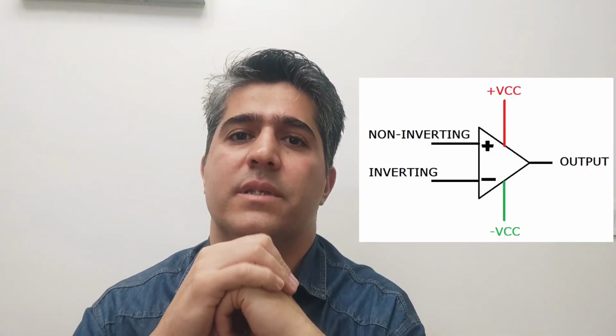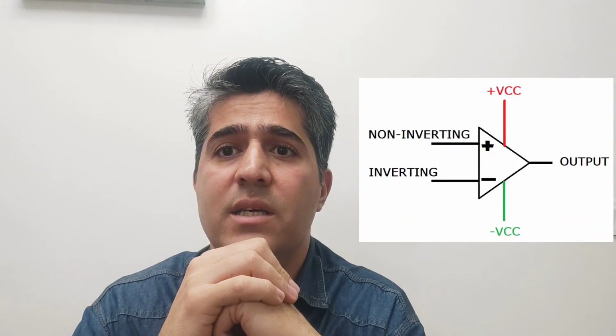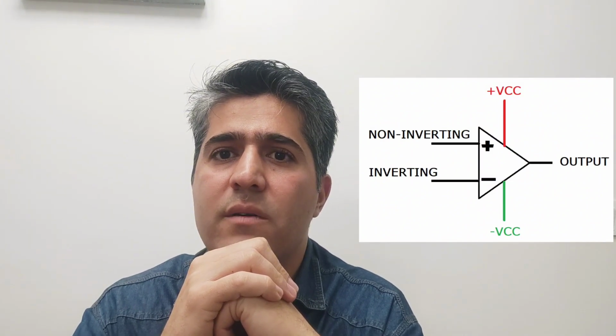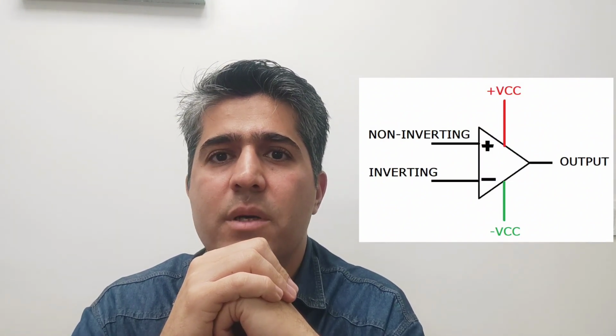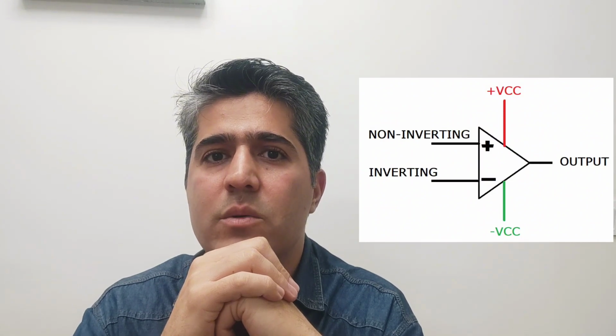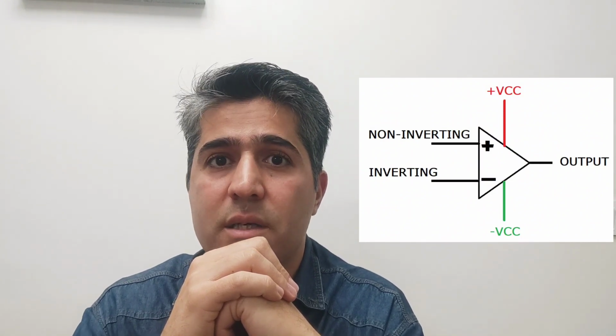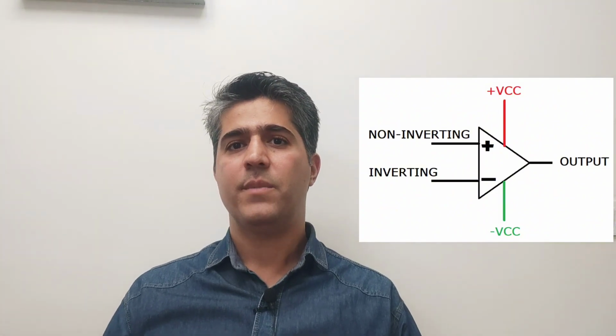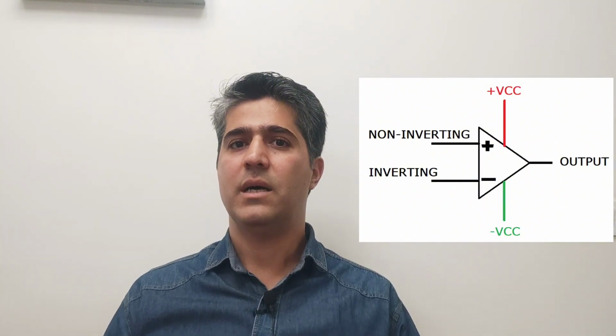Op amps generally have 5 pins. 2 pins are connected to the power supply of the op amp, which is positive and negative voltage. There are 3 other pins: the positive input, the negative input, and the output.